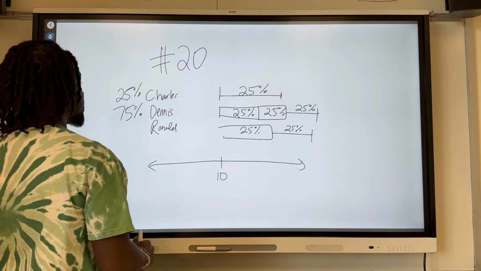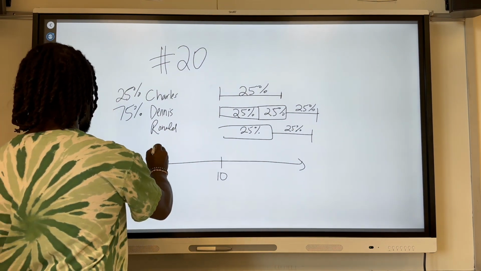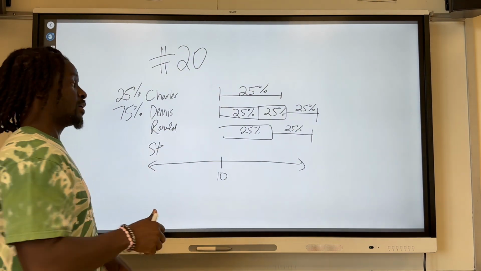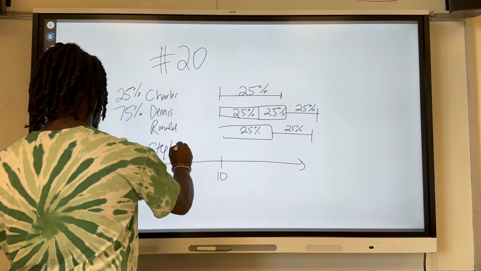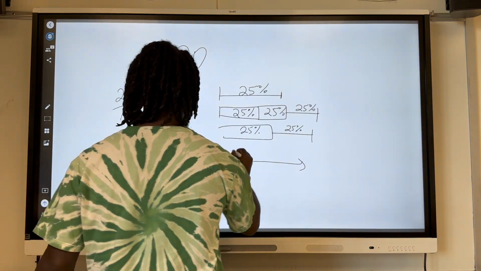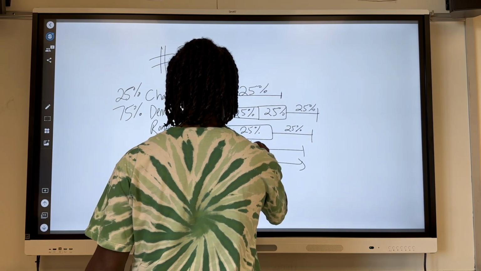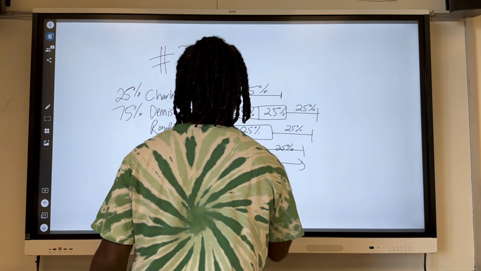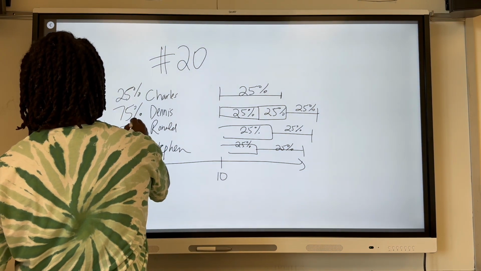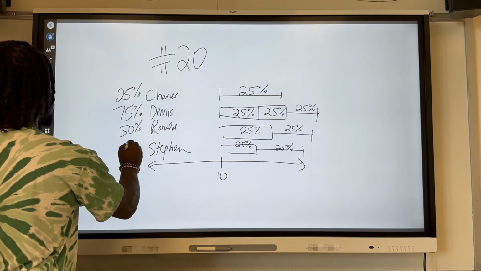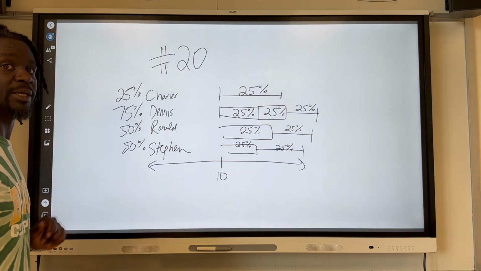And then Stephen, he also had 2 parts. So 25%, 25%. So both Ronald and Stephen had 50%.